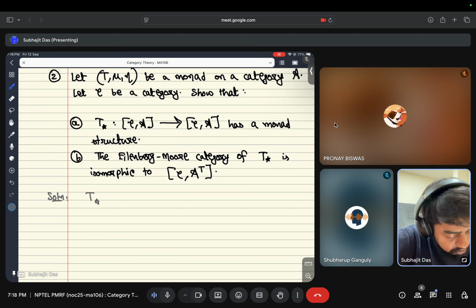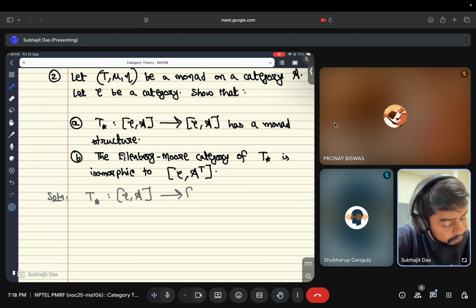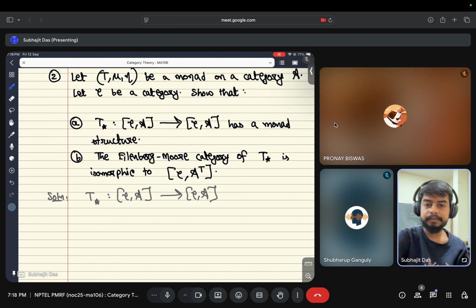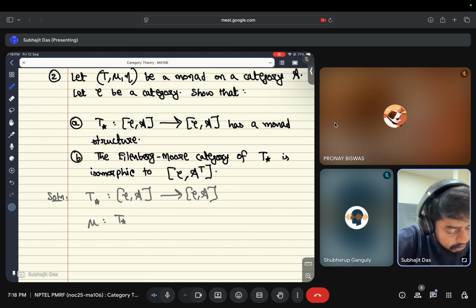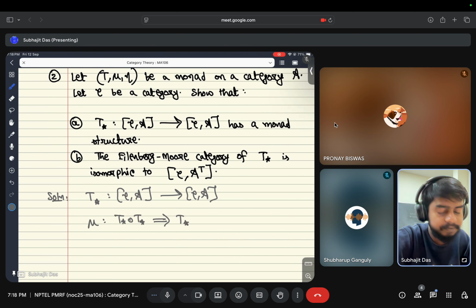So T star is our functor from C comma A to C comma A. What does it do? It sends any H to T composed H. What we want is a mu from T star composed T star to T star, and what else do we want?